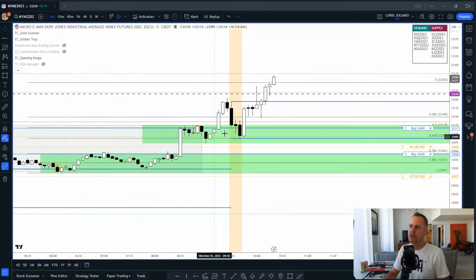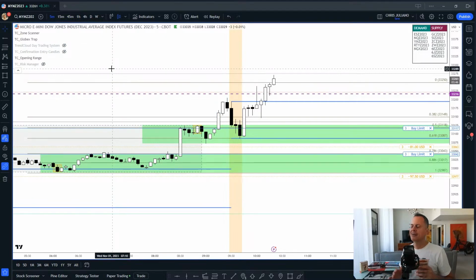You always use the confirmation entry candles when the price goes at least 50% of the way into the zone, like Kazi was saying. Then you can turn that on. Say we've got this really wide zone, maybe the high time frame 4-hour supply or demand zone that you drew out, the market edge, and price has gone in there and you're wondering when it's going to turn around.